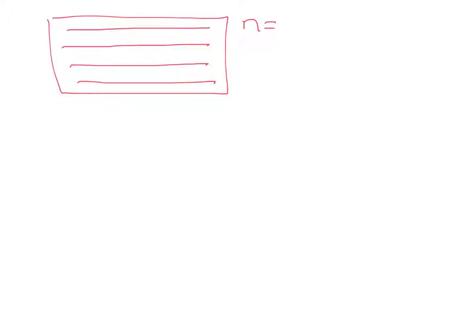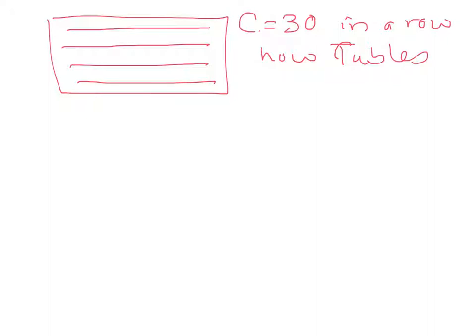So if I need at max 30 chairs in a row, how many tables, which is our n, so I have to change that. If there are 30 chairs in a row, how many tables will that be?